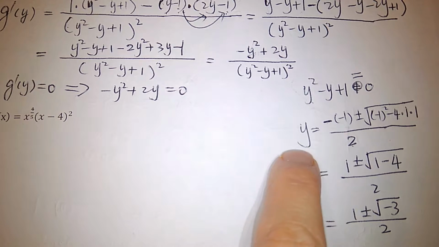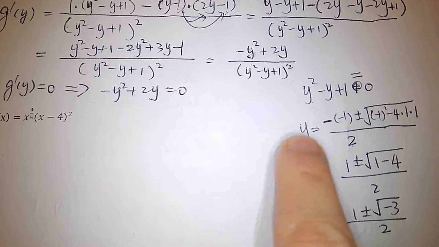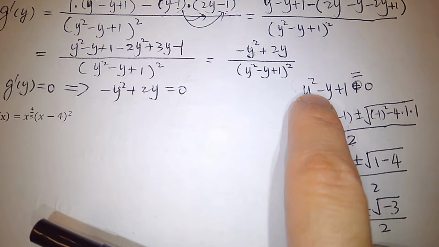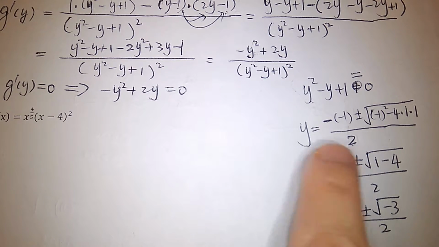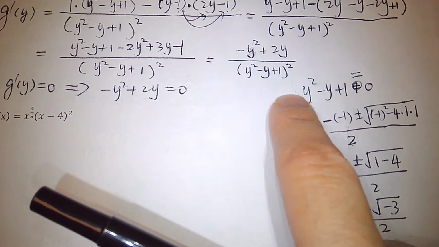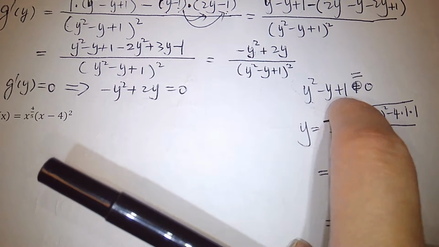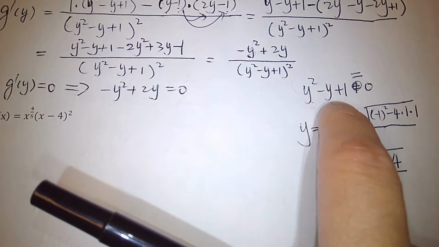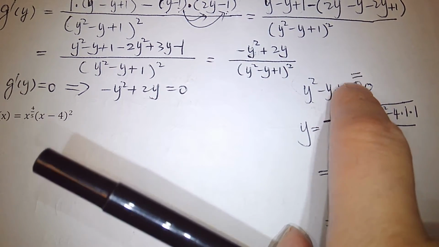Can we have any real numbers y that will make this denominator equal 0? Yes or no? No way, because we have a square root of negative 3, okay? So, we're not able to find such a y that will make y squared minus y plus 1 equal 0. That means y squared minus y plus 1 must not equal 0.